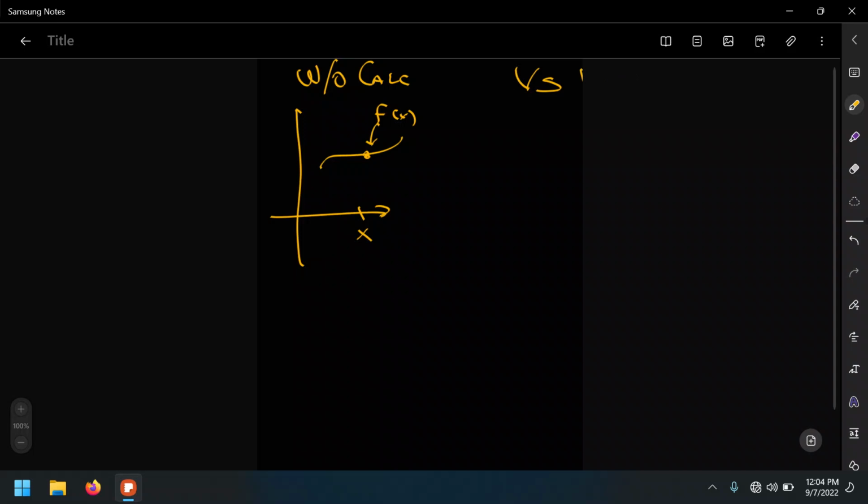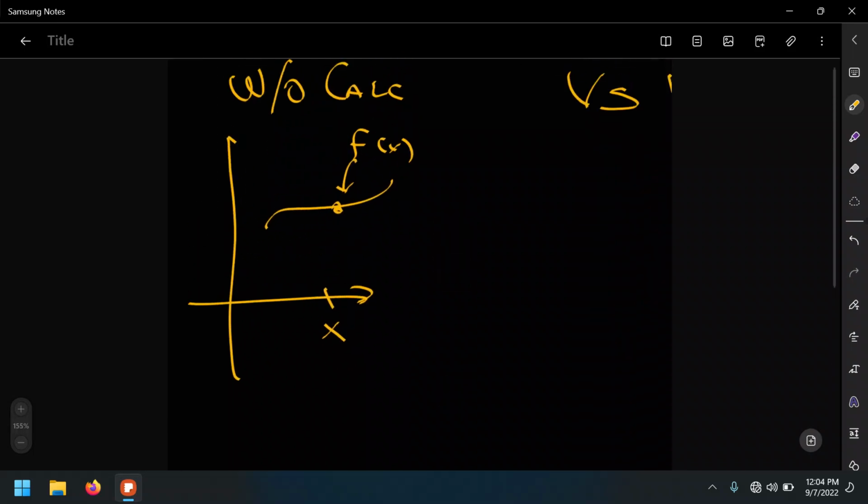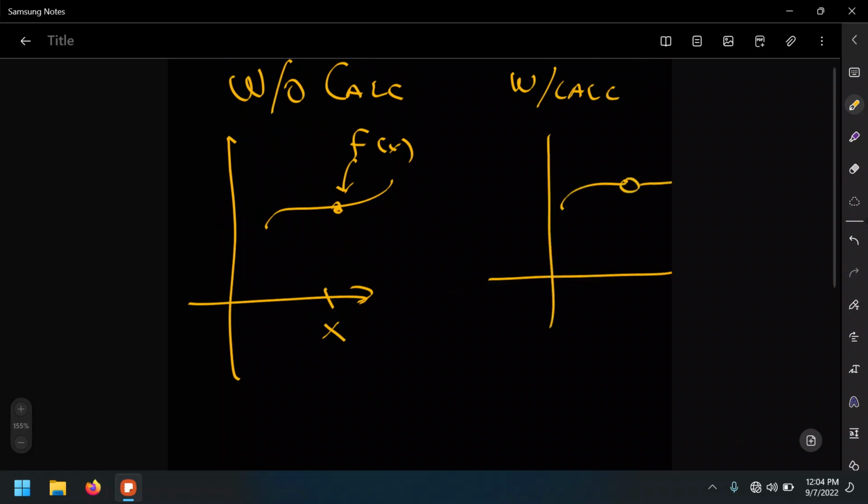With calculus, we'll see instead the value that y approaches when x is approaching a certain value, and that's going to give rise to the concept of limit in this case.